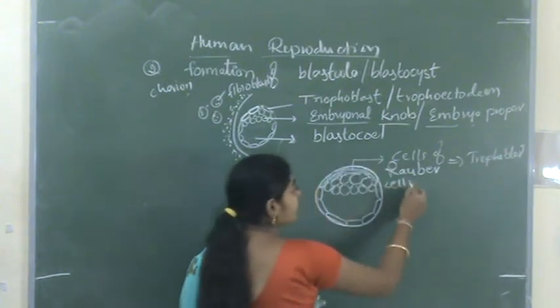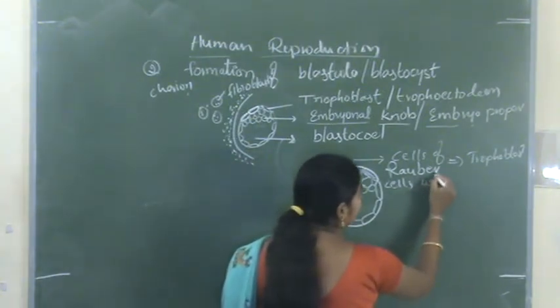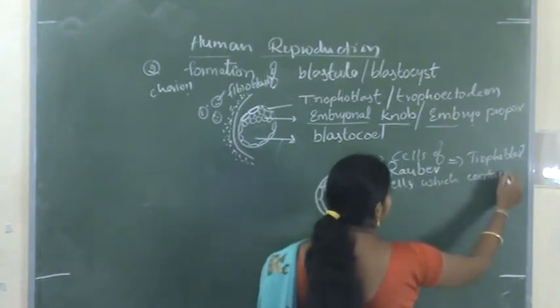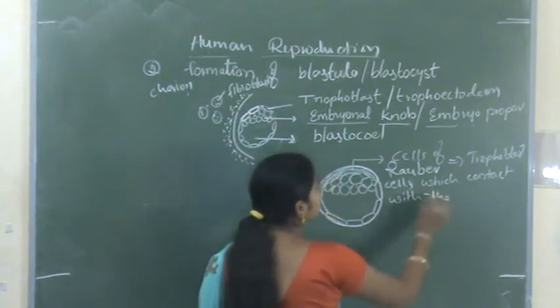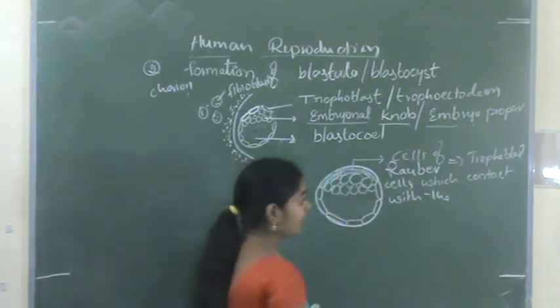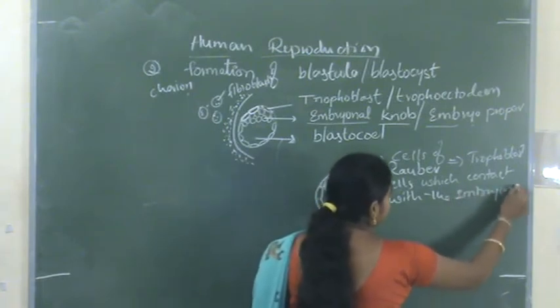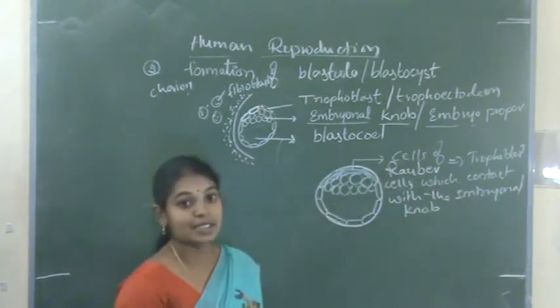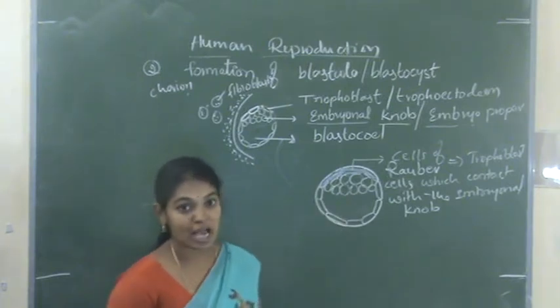So the cells of Rauber means the trophoblast cells which contact the embryonal knob or embryo proper. These cells are known as cells of Rauber, and this is the structure of the blastocyst.